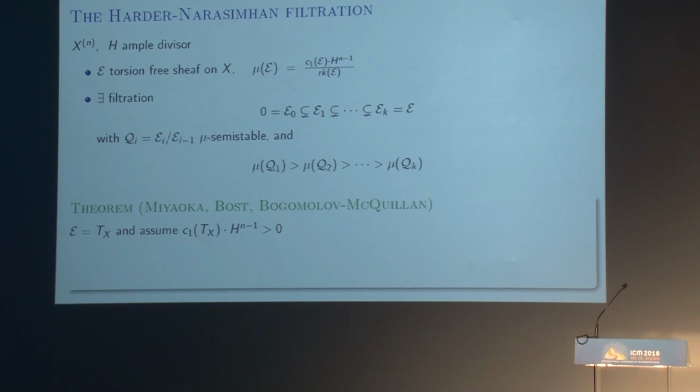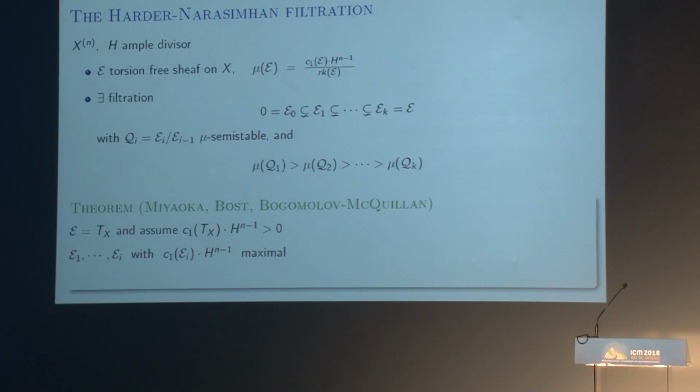So a theorem that was proved by Miyaoka, Bost, Bogomolov, McQuillan, so I'm giving credit to all of them here, says the following. We are going to apply the Harder-Narasimhan filtration to the tangent bundle, and let's assume that the degree of the tangent bundle with respect to this H is positive. Then let's consider the sheaves E_1, E_2, and so on, as long as their degree is increasing.